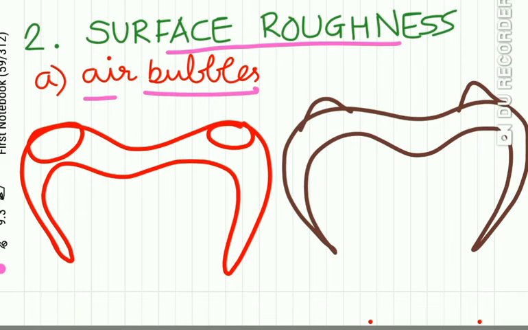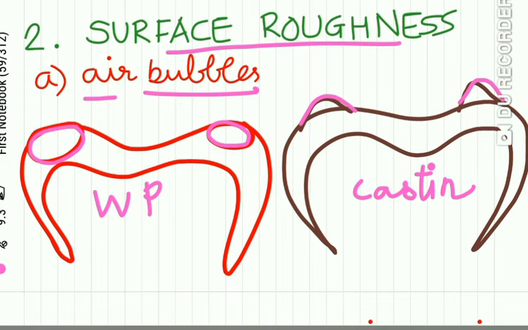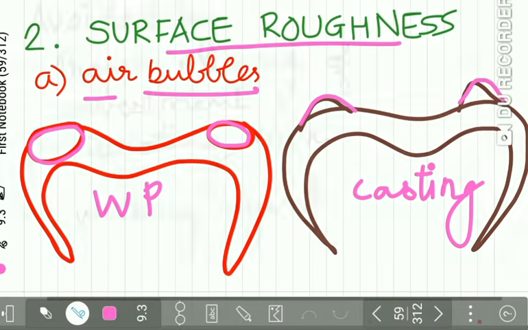If there are air bubbles on the wax pattern, if you can see here, air bubbles are present on the wax pattern, and if you cast this wax pattern, there is formation of nodules on the casting. See, you can see here, there are formation of these nodules on this casting. So, air bubbles cause roughness of this casting surface. Now, how is it avoided?